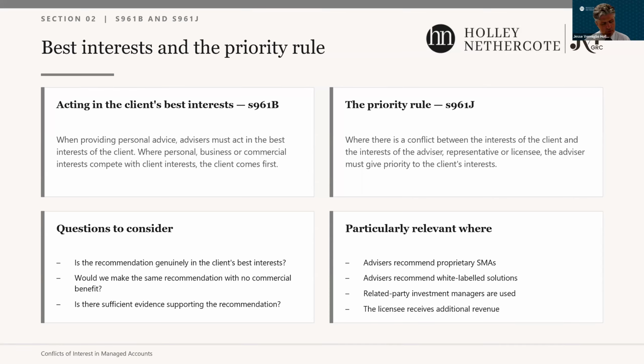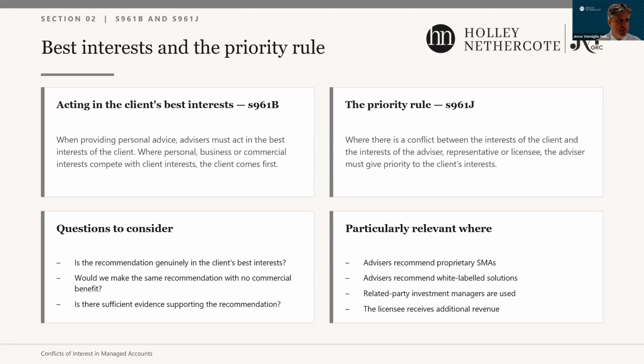And if they find that there might be an issue in the advice territory, let's say a conflict of interest that hasn't been adequately managed, then they start to pivot towards not just it being an issue about a particular obligation not being complied with, i.e., an issue with the advice, or one of the safe harbour steps, but they'll then quickly move to motivation and whether that has resulted from the conflict of interest. So we find that as soon as conflicts of interest do arise, and particularly where they are not managed, the regulator, and for that matter AFCA as well, start to move towards the prioritisation rule and start to say, well, have the interests of the client been prioritised?